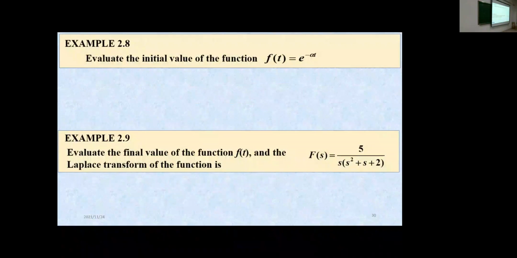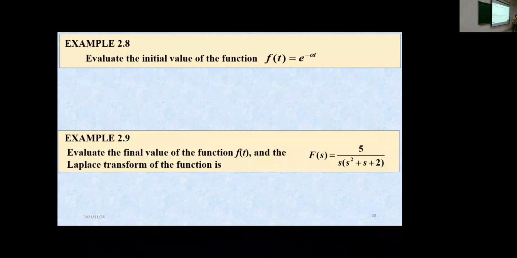So let's see two examples. Evaluate the initial value of the exponential function e to the negative power alpha t. Then how to do this? Yes, it's asking you to find the initial value when t tends to 0.